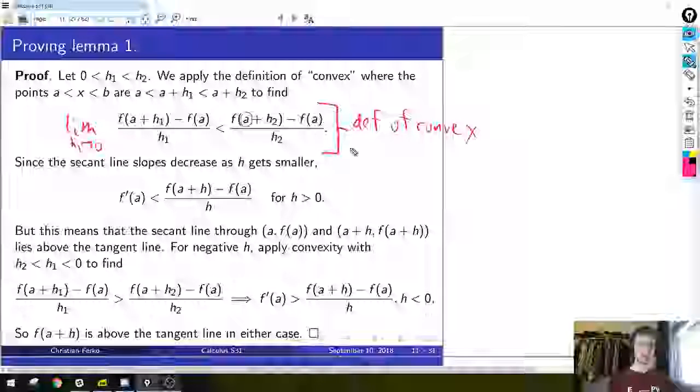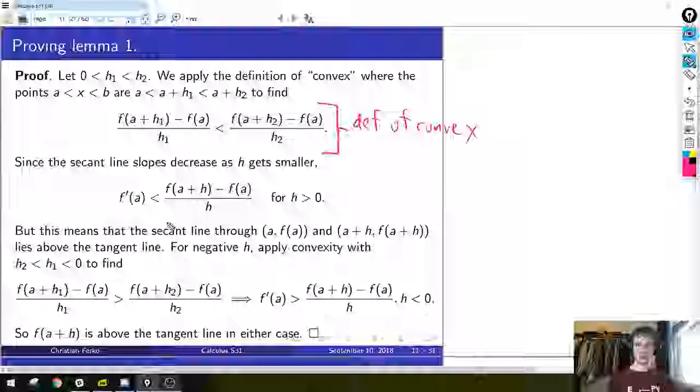So this inequality we got from the definition of convexity is just telling you that this difference quotient, whose limit defines the derivative, is always upper bounded by the secant line slope. Or in other words, the secant line slopes decrease as h gets smaller. So that's the statement which we need to prove the first part, right? Which we were trying to prove, that the derivative is less than the secant line slope if h is positive.